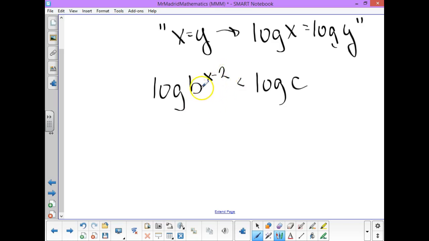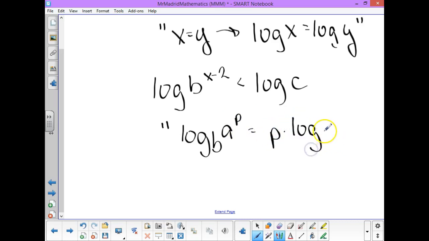The reason that I've taken this approach is because now I can apply the power property of logarithms. And let's go ahead and in quotations remind us what that tells us. It says if you've got log base b of some expression a to the power p, we keep on using p, so we'll stick with p, what you can do is bring that p up here in the front and retain everything else.